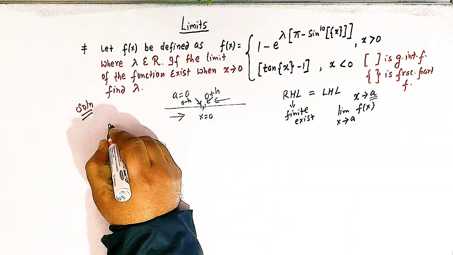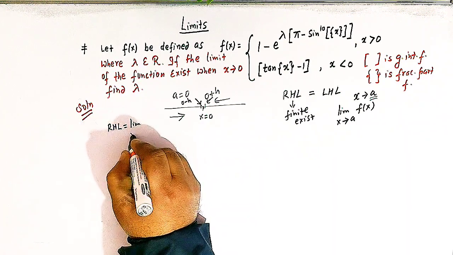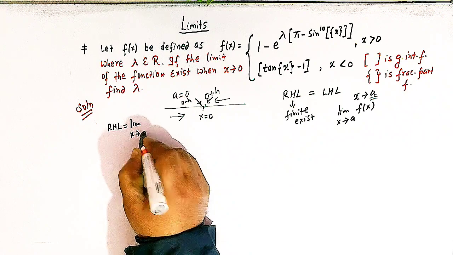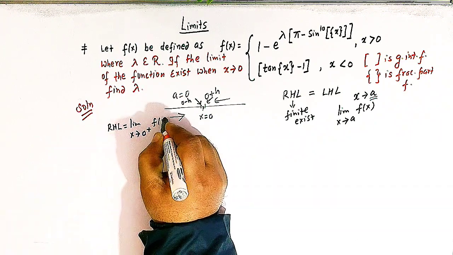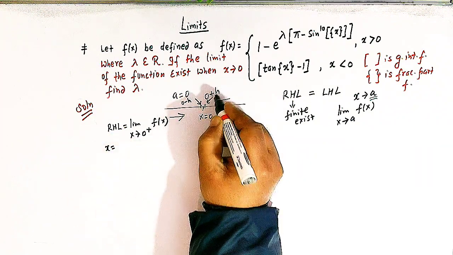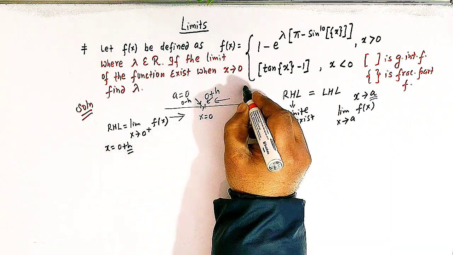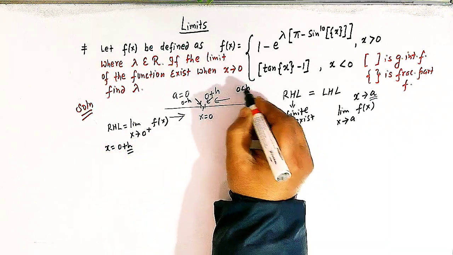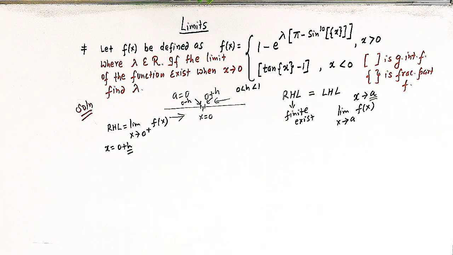So the notation for the right hand limit is limit x tends to 0 plus, then we have f of x. So we take x is equal to 0 plus h, and here h is a positive quantity, and it lies between 0 and 1, and h is infinitesimally very small.